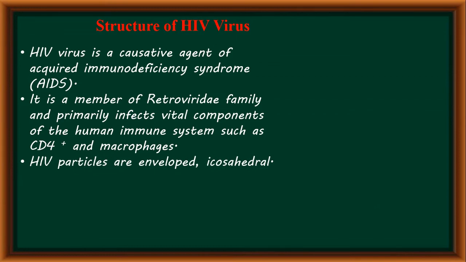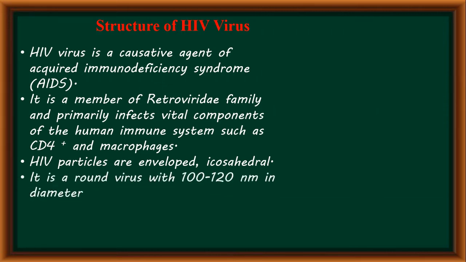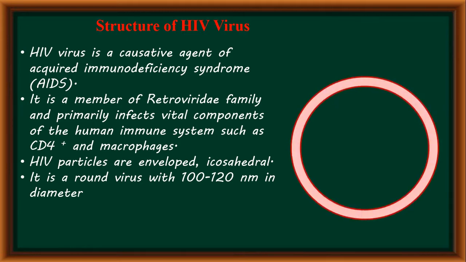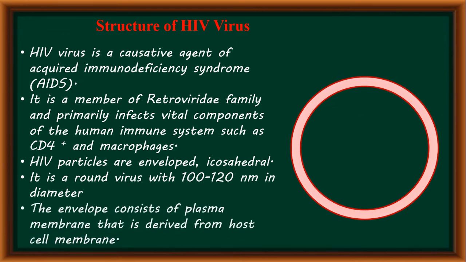As far as the structure of HIV virus particles is concerned, they are enveloped and icosahedral. These are round viruses with a diameter of about 100 to 120 nanometers. The envelope of these viruses consists of a plasma membrane that is derived from the host cell membrane.